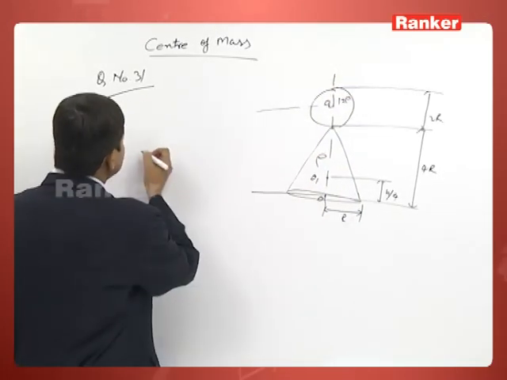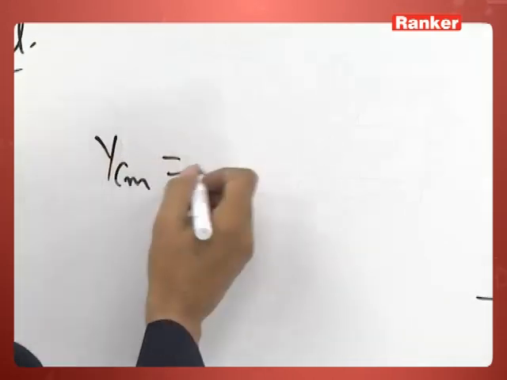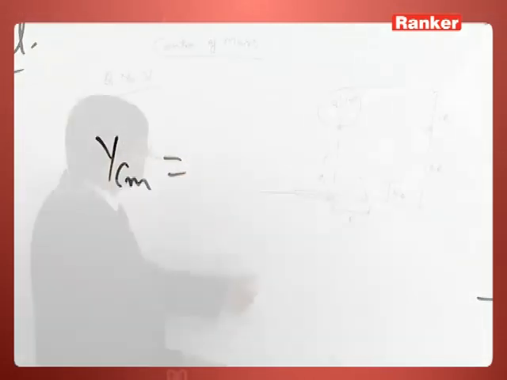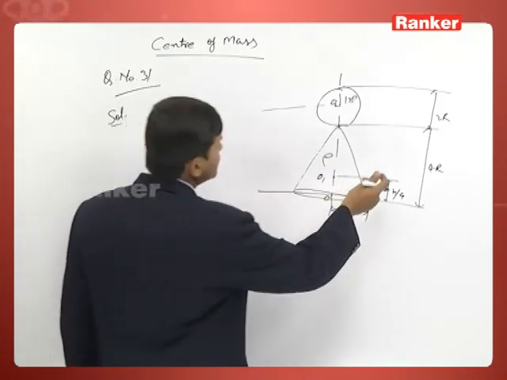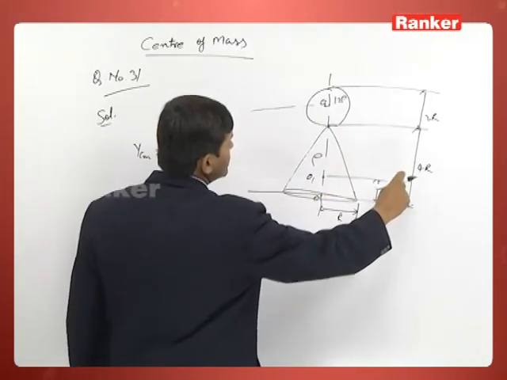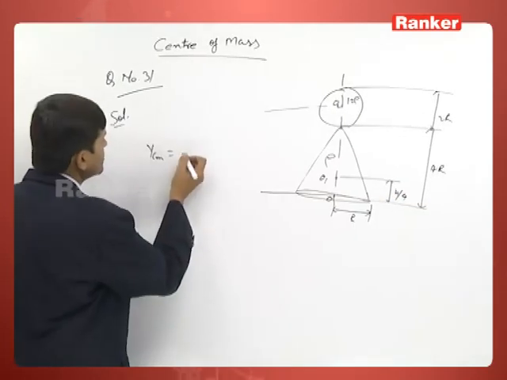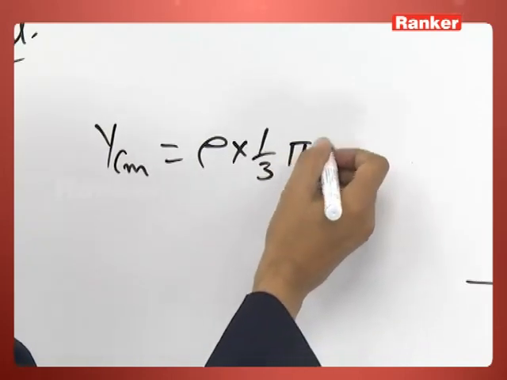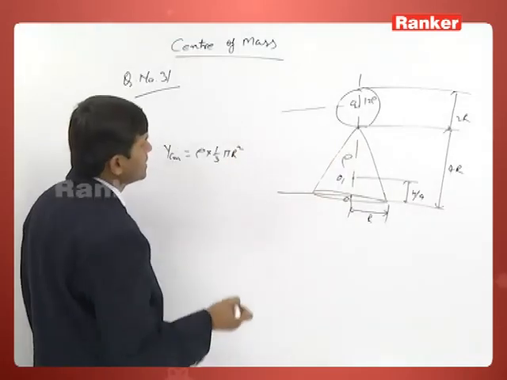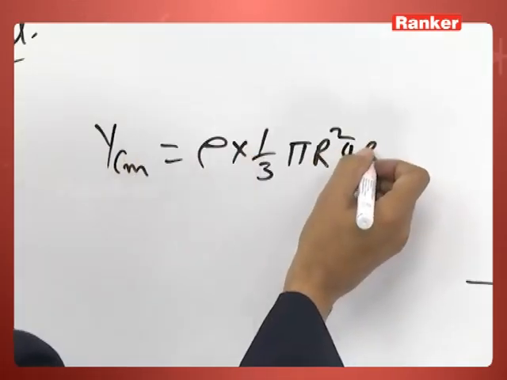Only the y coordinate is needed. So y_cm is equal to m1 y1 plus m2 y2, divided by the total mass. M1 is rho into 1 by 3 pi r squared, with height 4r.